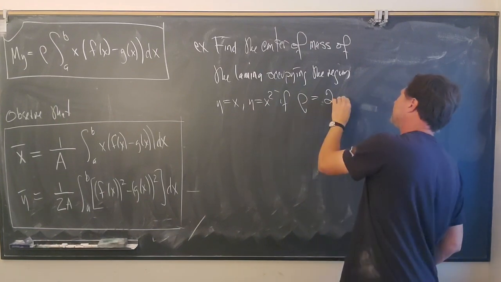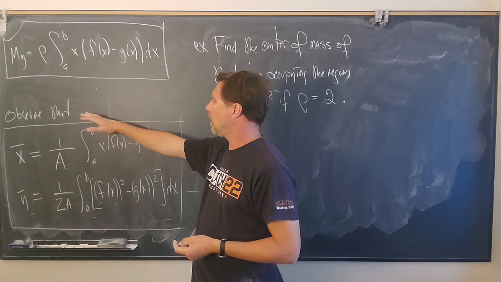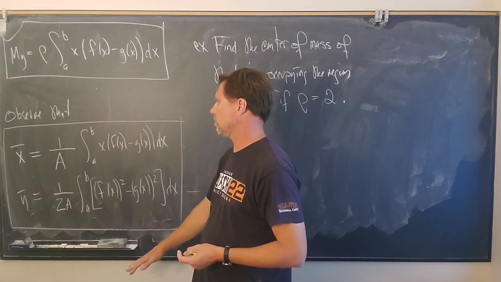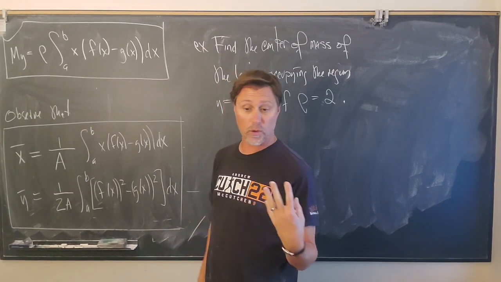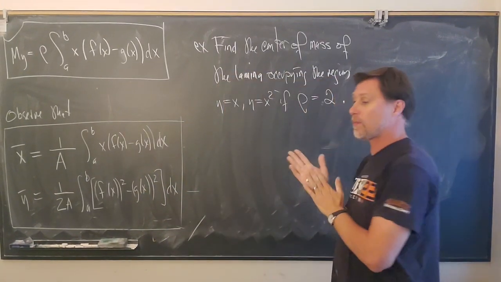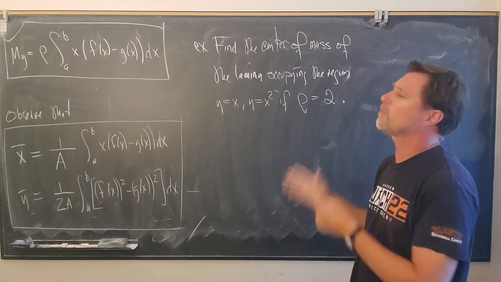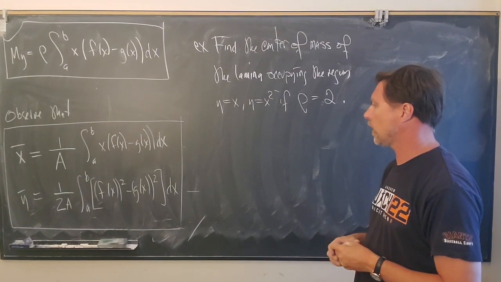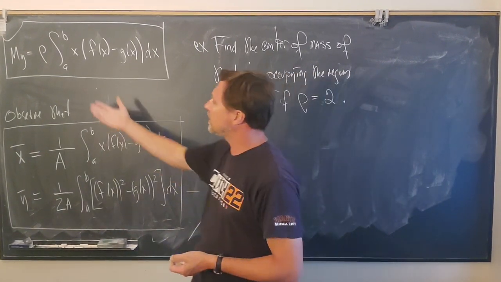Now notice, this is kind of weird. The center of mass and the centroid are used interchangeably. Think of center of mass as a physical quantity and centroid as a geometric thing. But in any case, density doesn't matter.